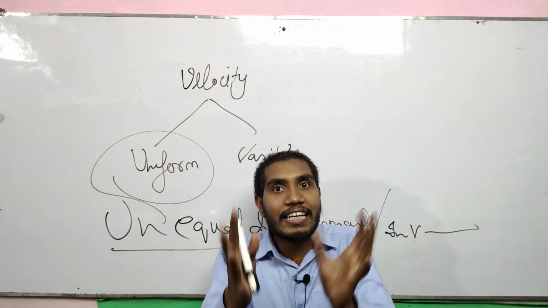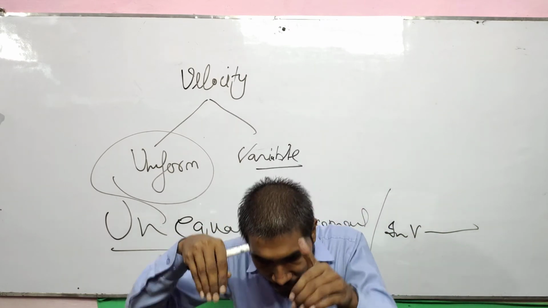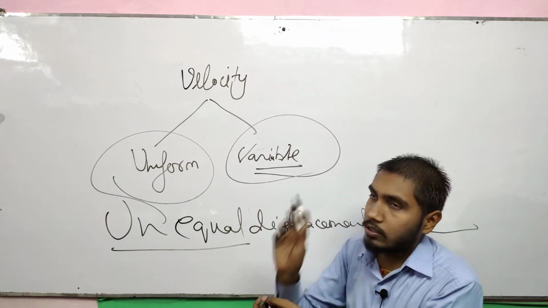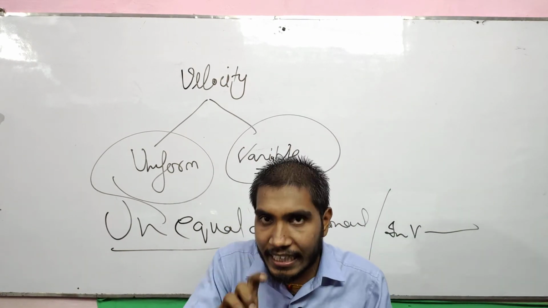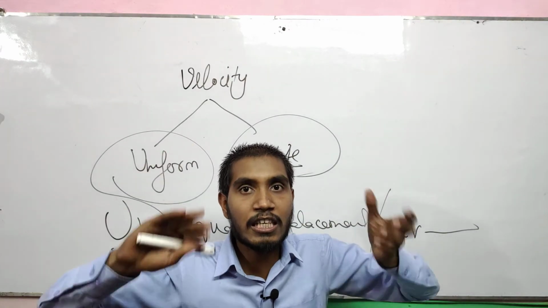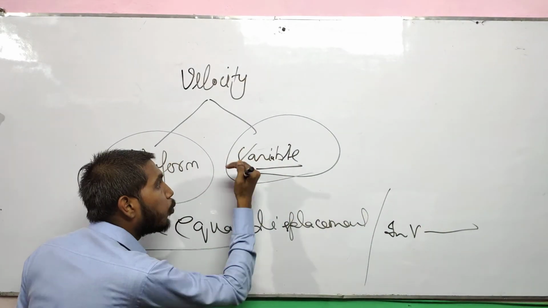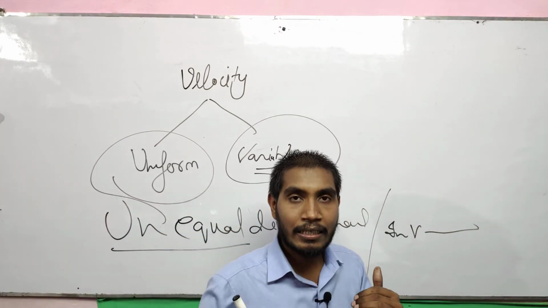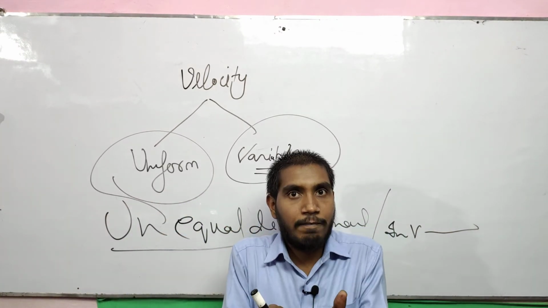To determine the rate of motion of an object suffering from variable velocity, we need average velocity.